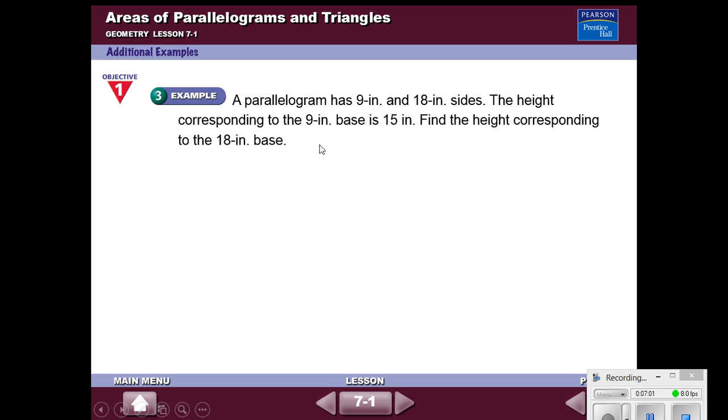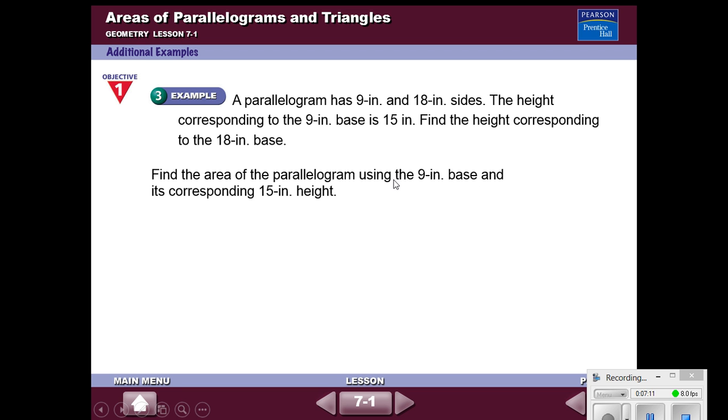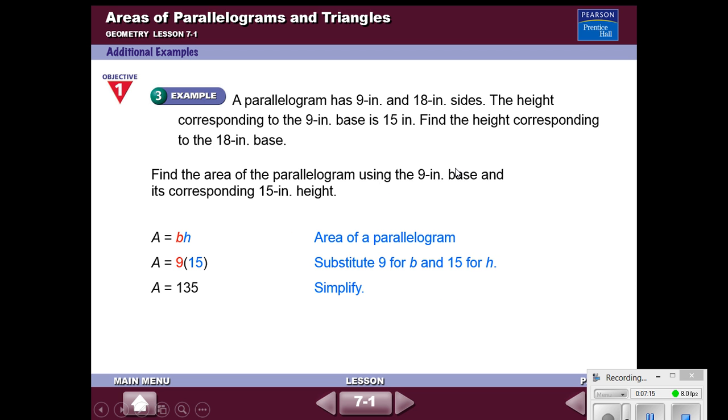So what I'm going to do is find the area, 9 times 15, and say 9 times 15 is going to give me the same as 18 times x. So the area of the parallelogram using the height and base, I find that my area is 135.